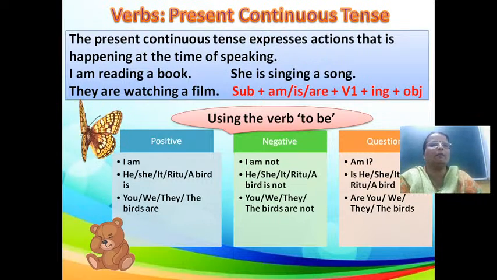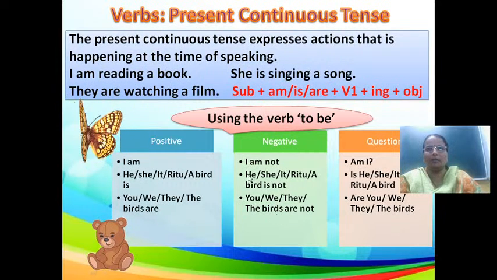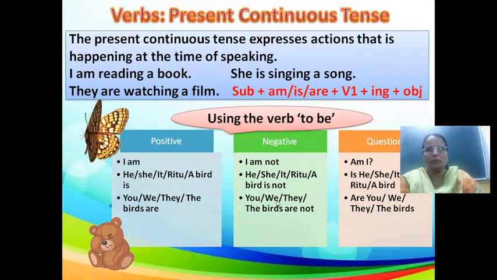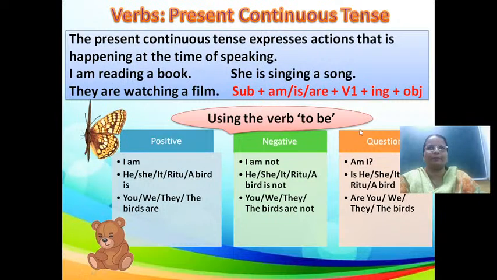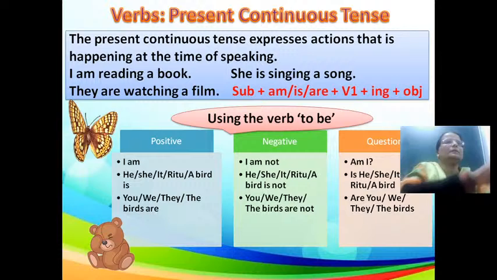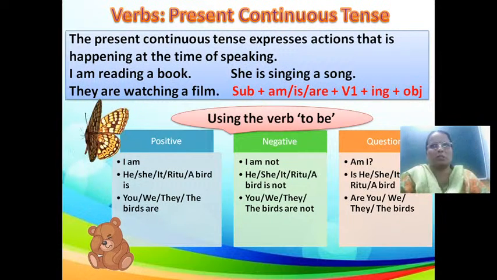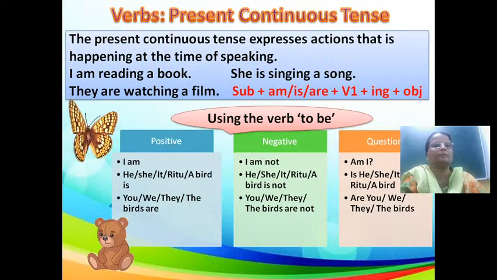It became a negative sentence. So look in the negative column. I am not. He, she, it, Ritu, a bird is not. You, we, they, the birds are not. Okay. Now, suppose you want to form questions in present continuous tense, how will you form?